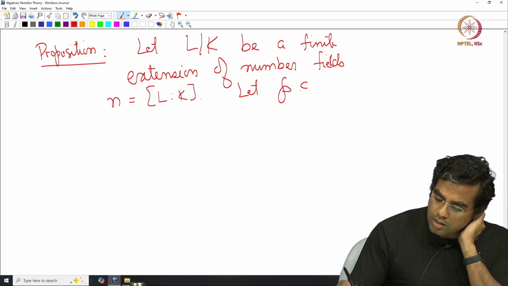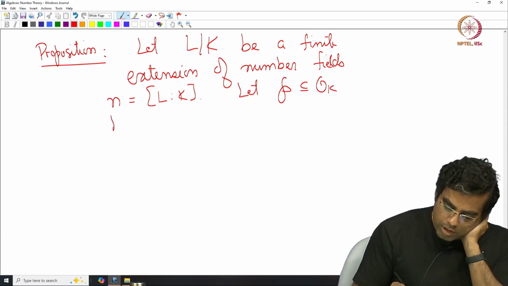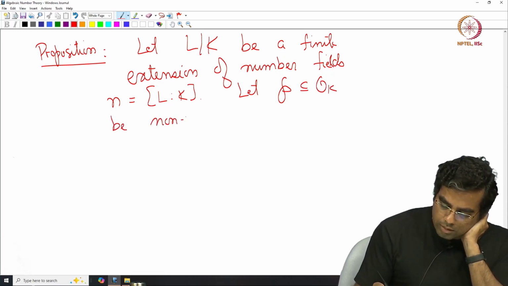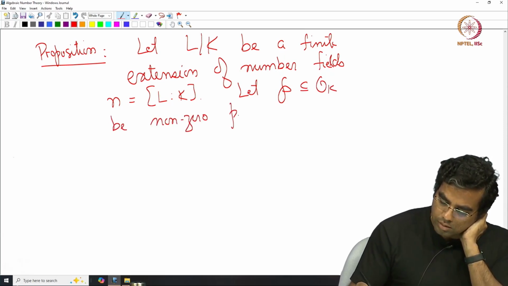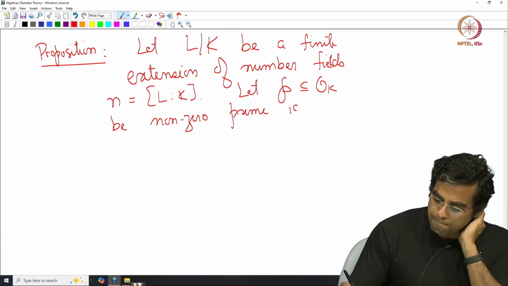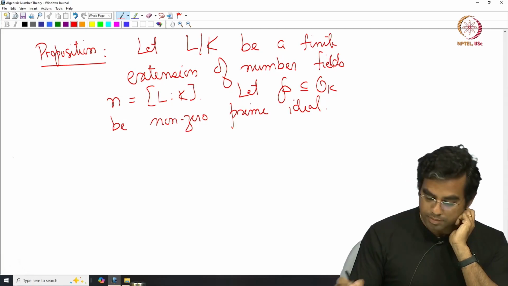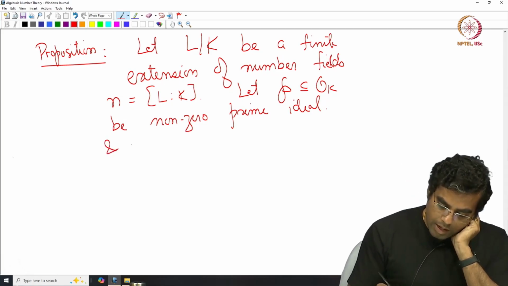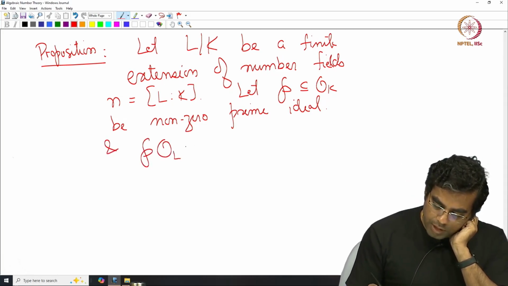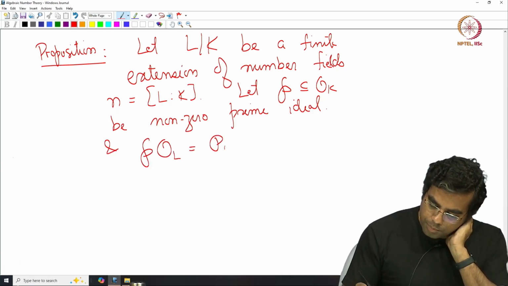Let P in OK be a non-zero prime ideal. So it is a maximal ideal, and when you extend P to OL you get P1 to the E1 and so on up to PR to the ER.